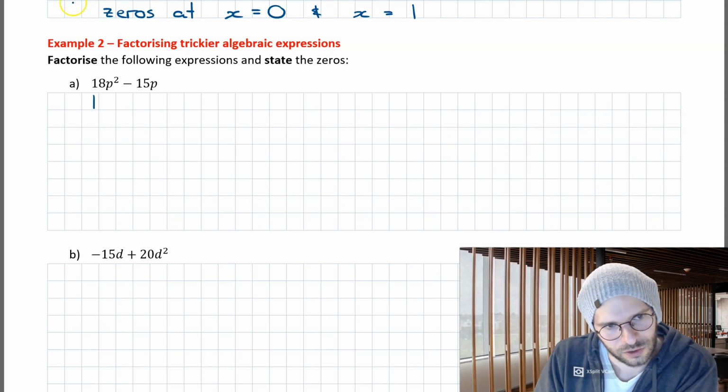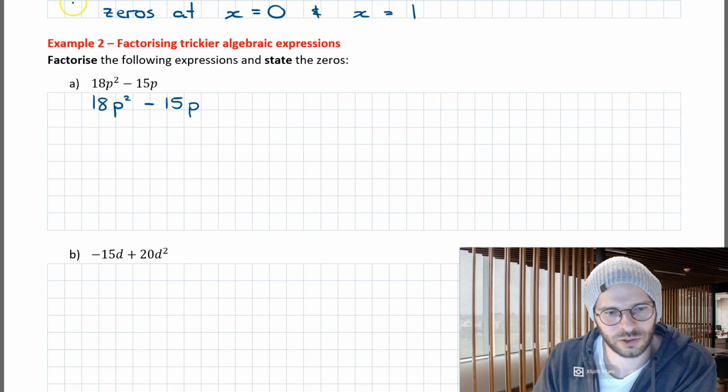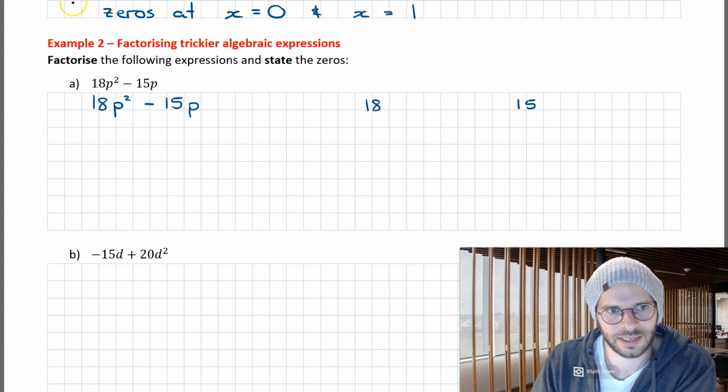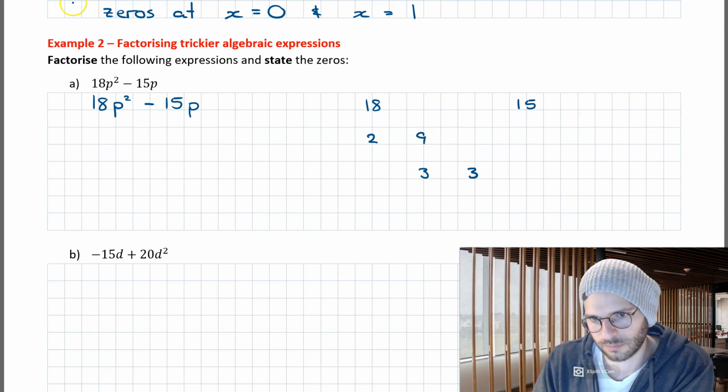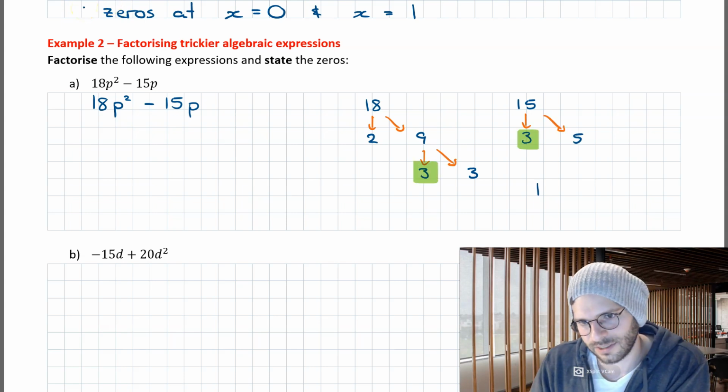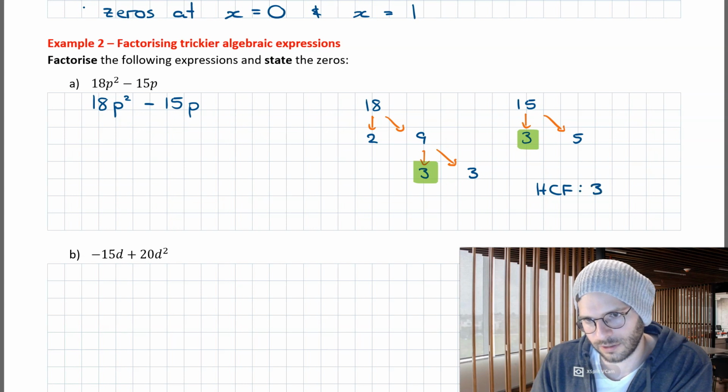So in this instance we have 18p squared take 15p. What we're going to do is we're going to first factorize this and then we'll find the zeros. To do this I need to find the highest common factor. I'll do that by my factor trees. And as can be seen, my HCF is 3.